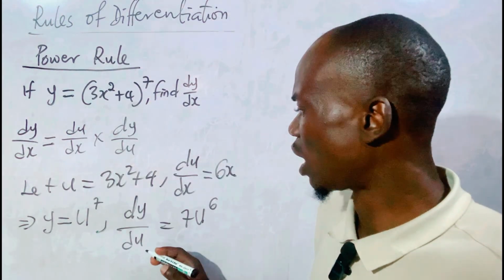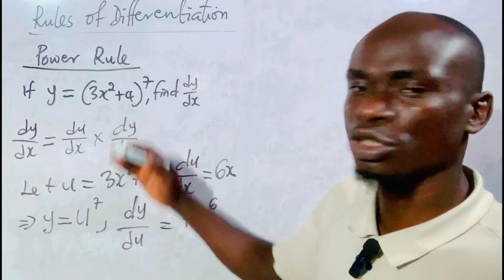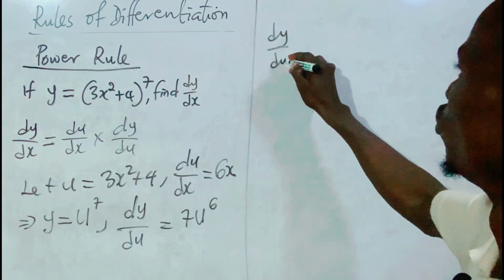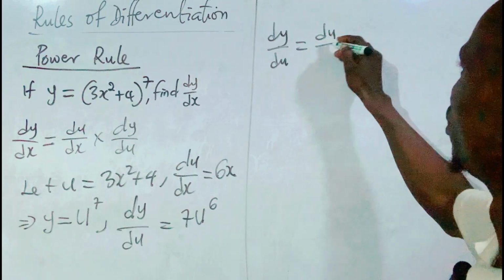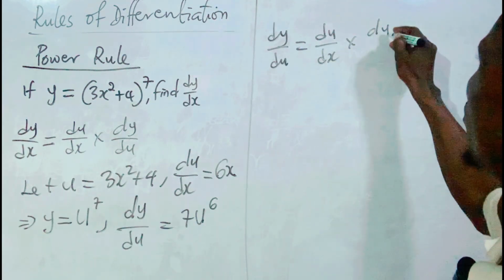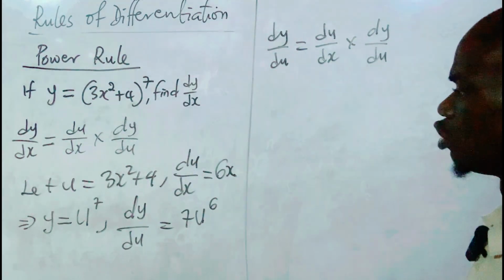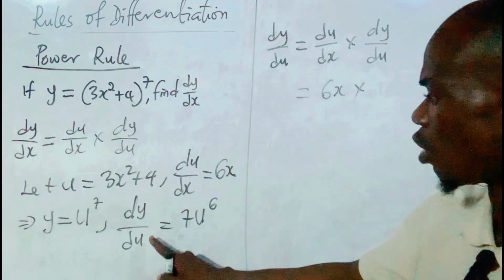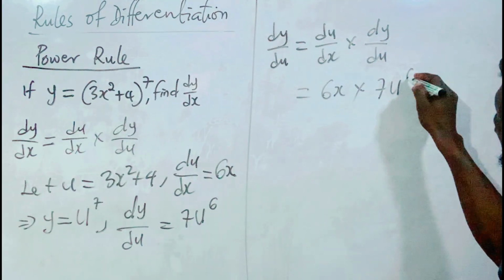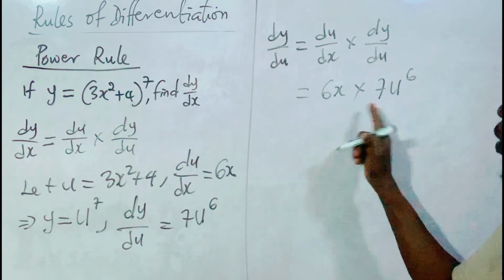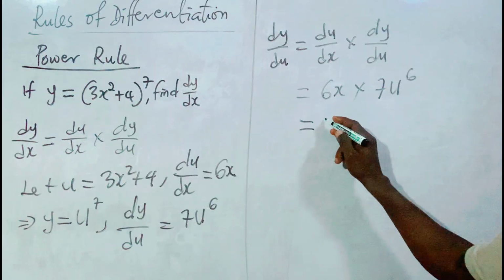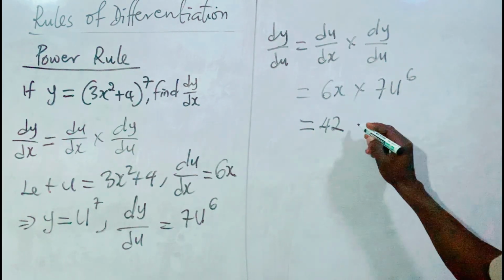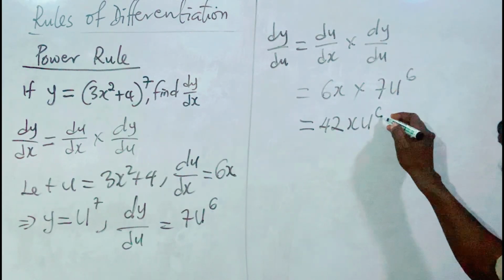So with this now, we have what we can substitute back into the formula. The formula says dy over dx is equal to du dx times dy over du. What is du dx? 6x. What is dy over du? 7 u raised to power 6. If you multiply 6 times 7, that should be 42, x times u raised to power 6.